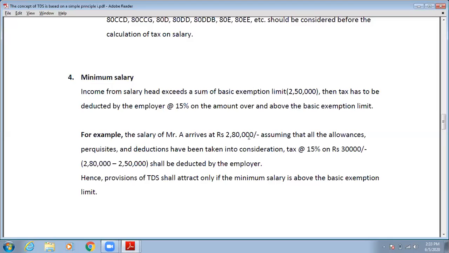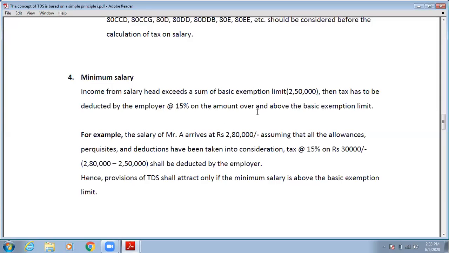Now, second question arises: will the tax be calculated on 2,80,000 or on the 30,000 which is the excess over the basic exemption limit? The basic exemption limit is 2,50,000. The salary of that person you have to pay is 2,80,000.